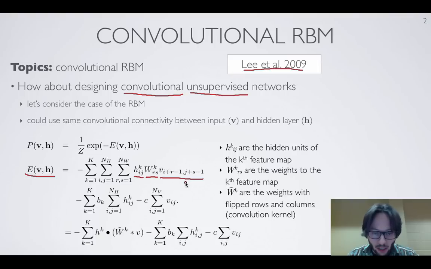In this notation, the neighborhood is indexed by the R and S variables, where R has a value from 1 to NW, and NW is essentially the size of the receptive field of the hidden units in the filter maps.